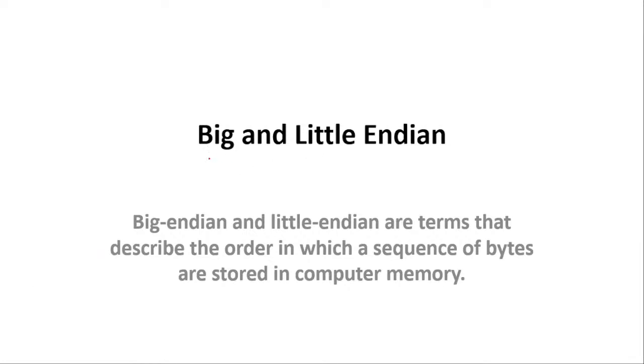Here we'll study this big endian and little endian concept. Big endian and little endian are the terms that describe the order in which a sequence of bytes is stored in computer memory.